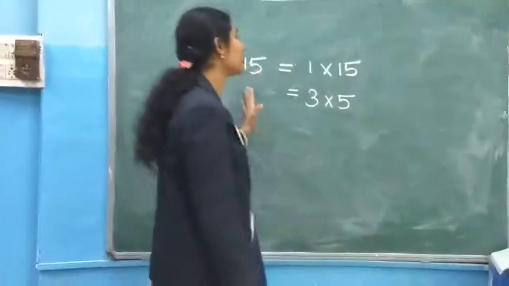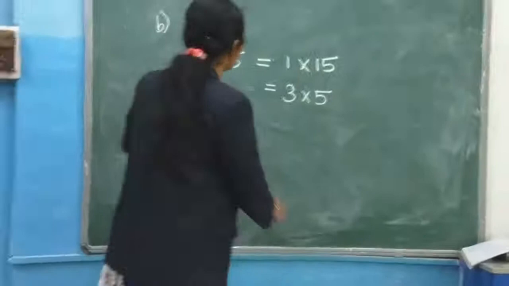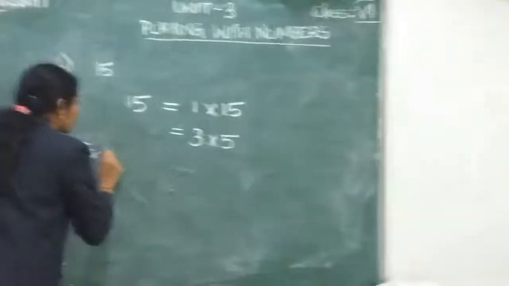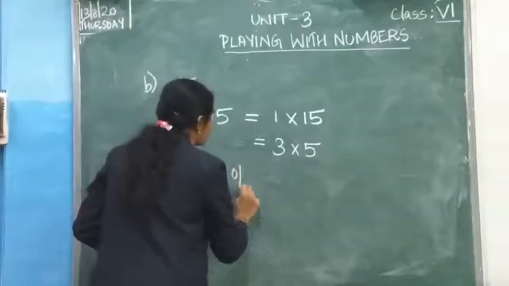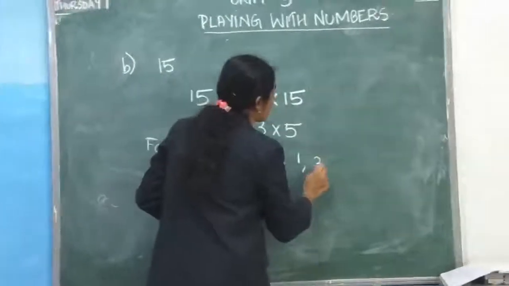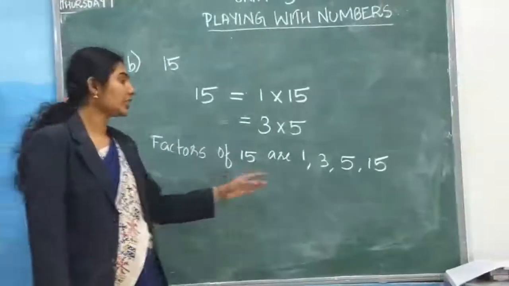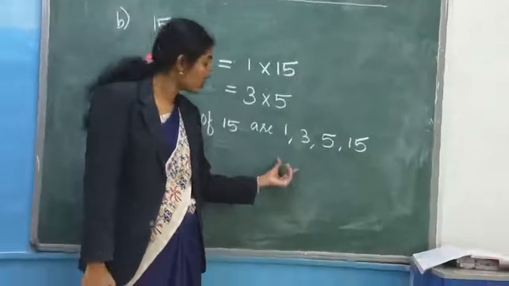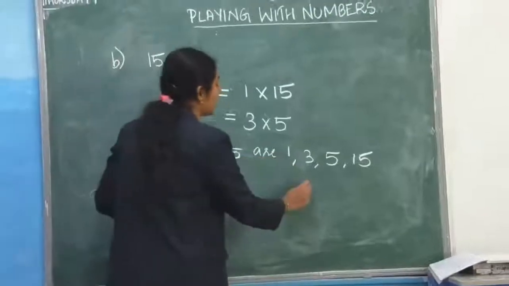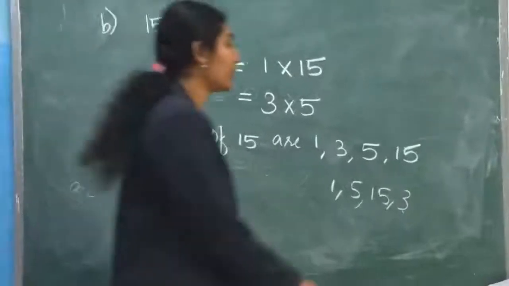So the factors of 15 are 1, 3, 5, 15. Writing in ascending order is good, so that's why I am writing like that. It's not important; you can write 1, 5, 15, 3 like that also. Order is not important.